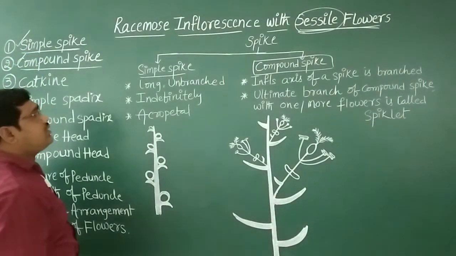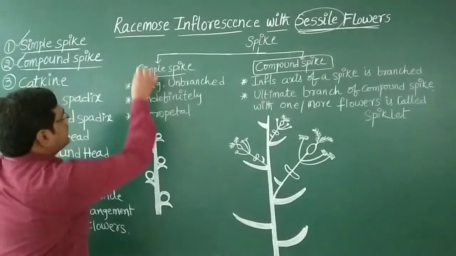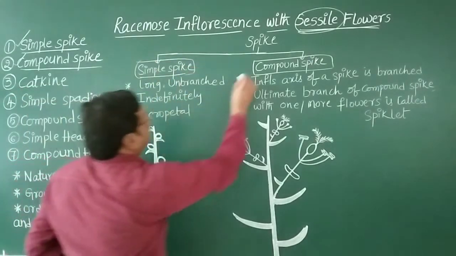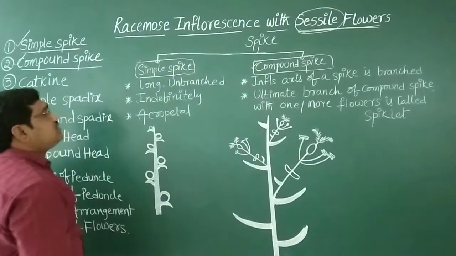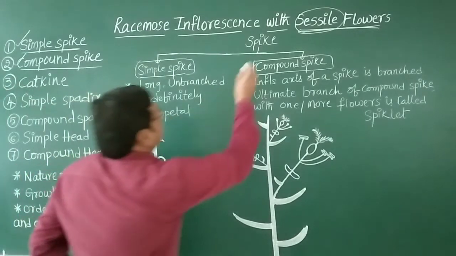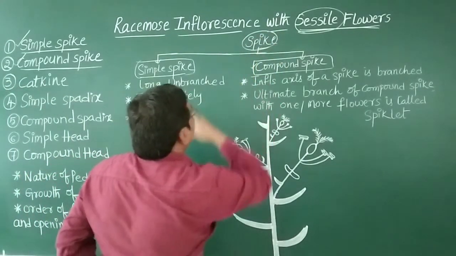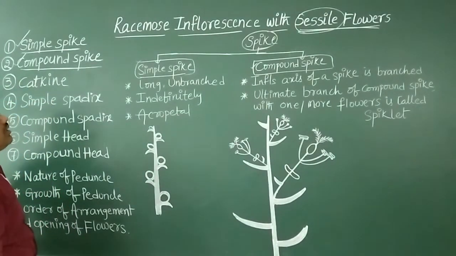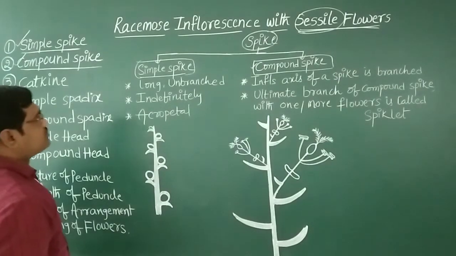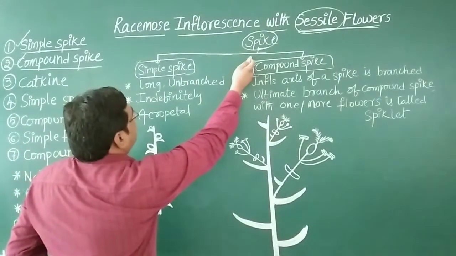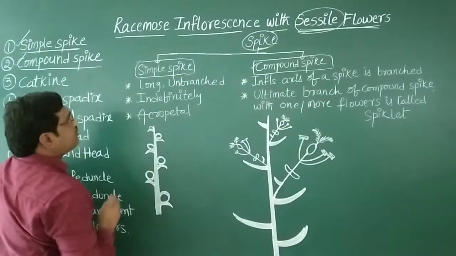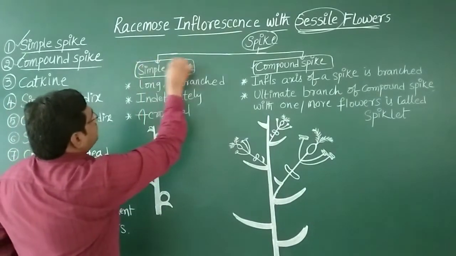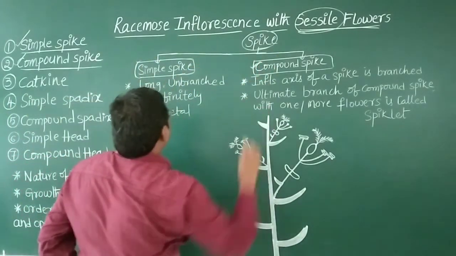What is a spike? A spike is one type of inflorescence. It is present in angiosperms. Generally, spike inflorescences are classified into two types, simple spike and compound spike.